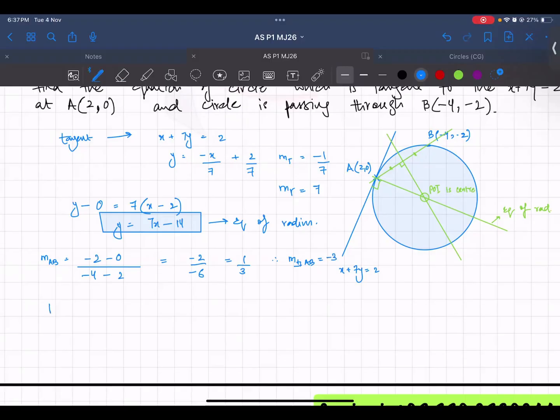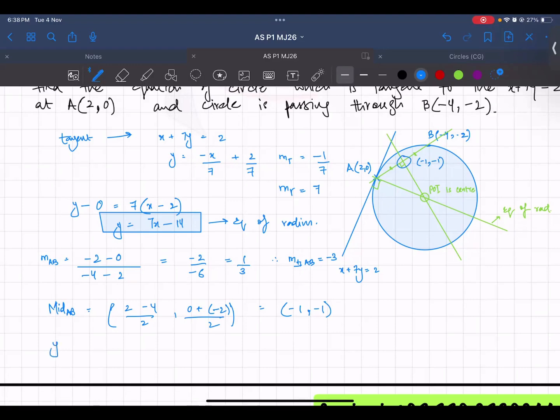And it will be passing through the midpoint. Mid of AB is: for x, 2 plus minus 4 upon 2, and for y, 0 plus minus 2 upon 2. So this is minus 1 comma minus 1. So we have this point as well, the midpoint.